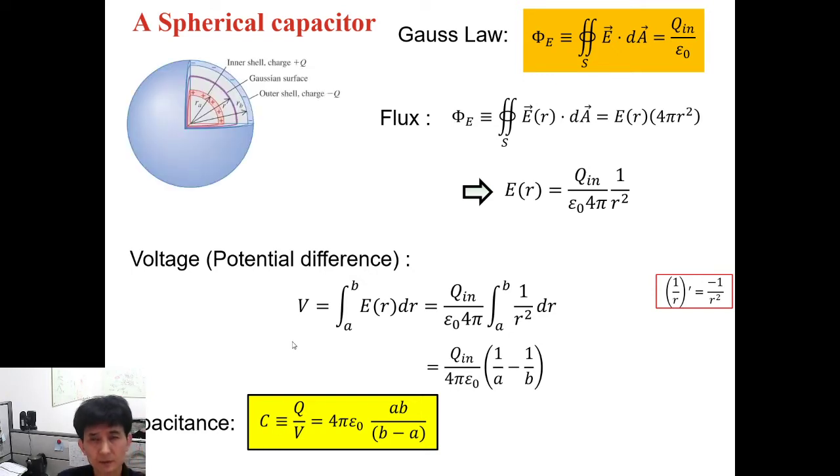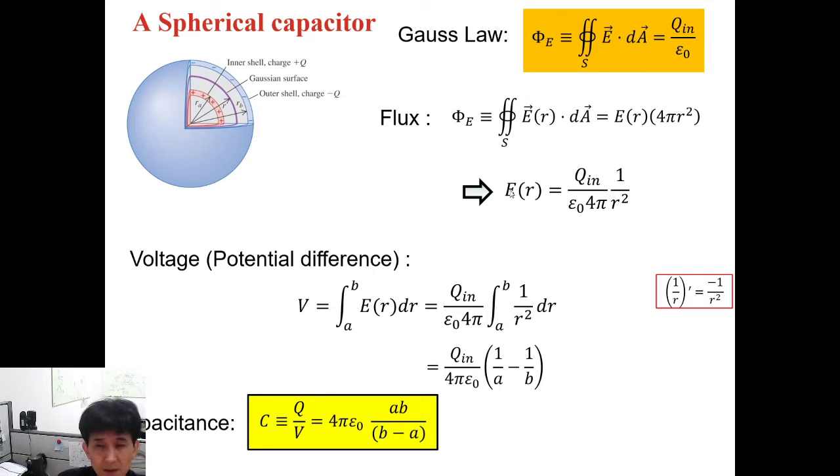And we can calculate a capacitor which is composed of two spherical shells. The inner shell has radius RA, and the outer shell has radius RB. The outer shell is charged with minus Q, and the inner shell is charged with plus Q. Then, by using Gauss's law again, we can calculate the electric field within these two shells.